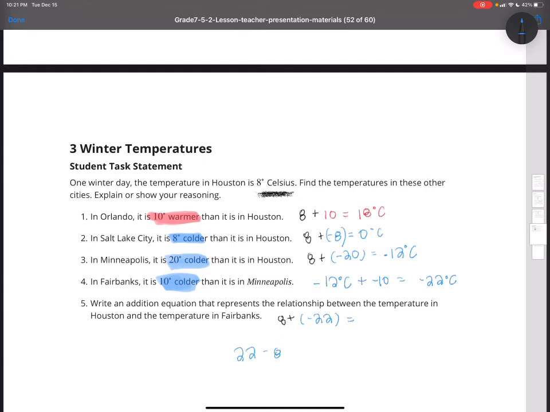So therefore, if 22 is just 2 more, we can say that it's 14. So we could say that there is a 14 degrees Celsius difference. But notice that that 22 has the greatest absolute value, or is the furthest away from 0. In this case, it will have the longest arrow length on the number line. So therefore, it'll be a negative 14 degrees Celsius.